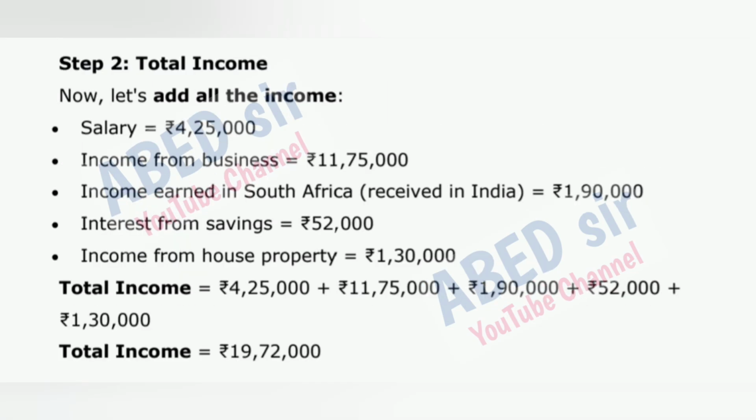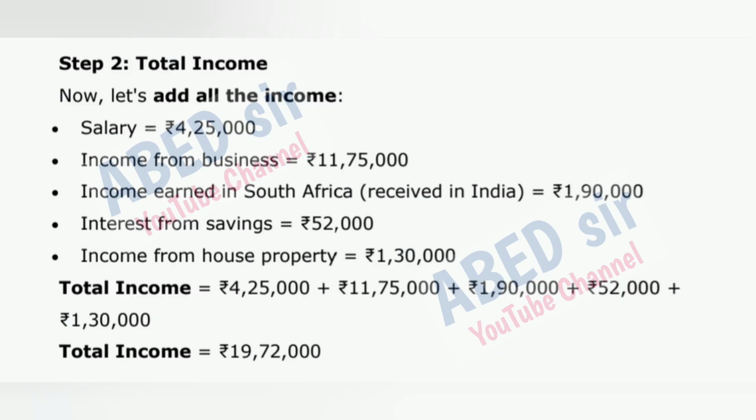Step 2. Total income. Now, let's add all the income. Salary is equal to 4,25,000 rupees. Income from business is equal to 11,75,000 rupees. Income earned in South Africa, received in India, is equal to 1,90,000 rupees. Interest from savings is equal to 52,000 rupees.